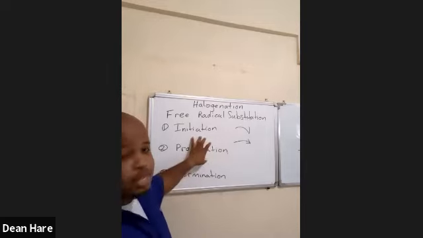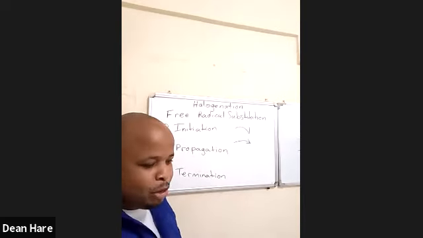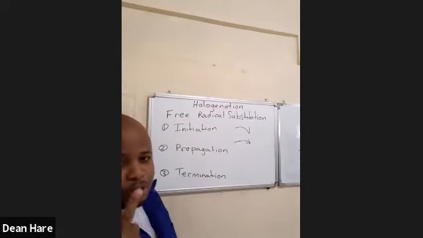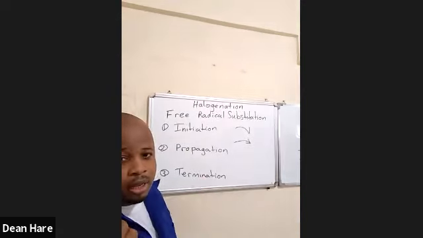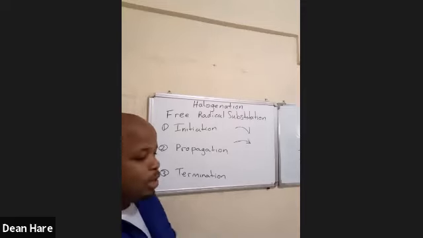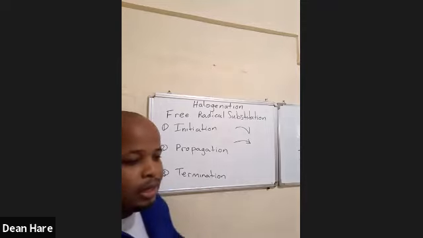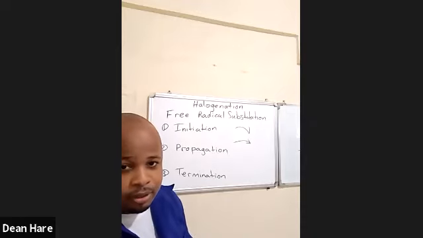For this mechanism, what type of bond breaking occurs? Before you tell me the answer, what are the 2 ways in which a covalent bond can be broken? Homolytically and heterolytically. What type of bond will break homolytically, polar or non-polar? Non-polar.